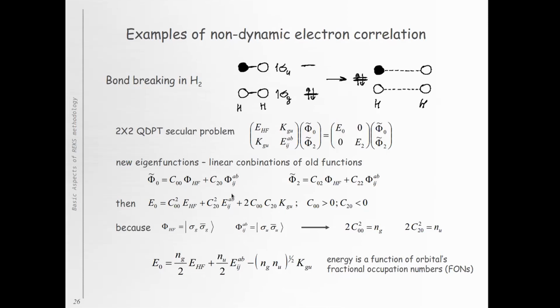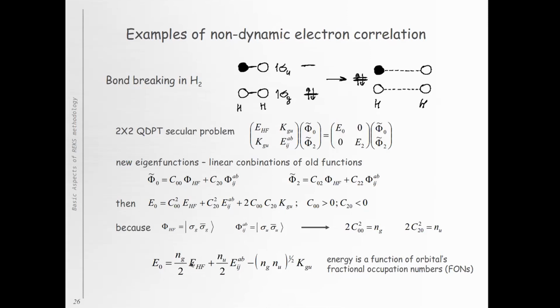And we will have some cross term. If we realize that 2 times the square of this coefficient, because we have 2 electrons, is the average, or fractional, occupation number of this orbital in the final many-electron, many-configurational state. And the square of the other coefficient is the average, fractional occupation number of the sigma U orbital in this ground state wave function.